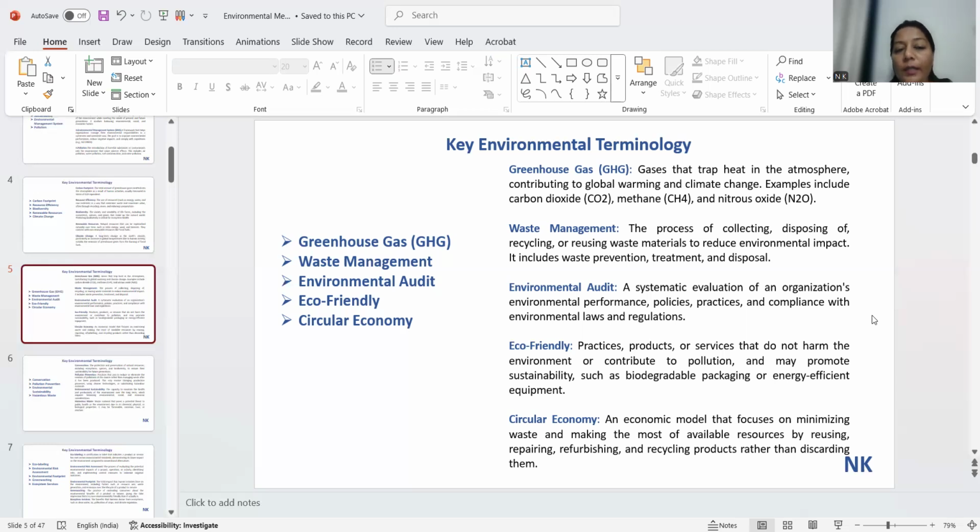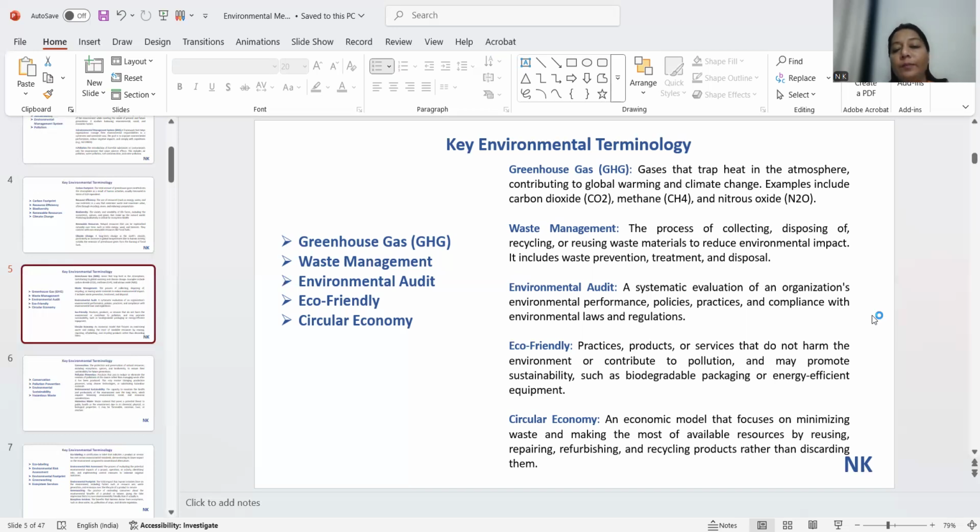Environmental audit is the systematic evaluation of an organization's environmental performance, policies, and practices, and compliance with environmental laws and regulations. Eco-friendly refers to practices, products, or services that do not harm the environment or contribute to pollution, or may promote sustainability, such as degradable packaging or energy efficient equipment.